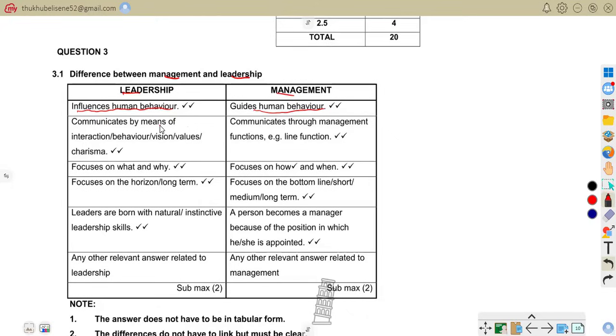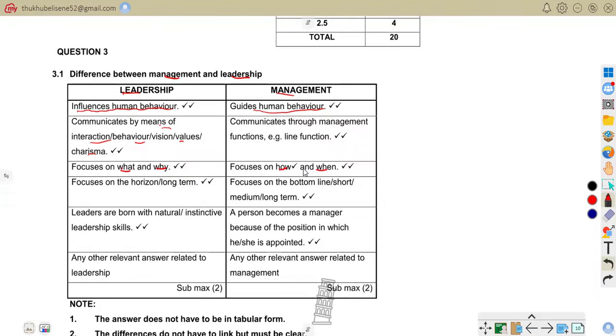Leadership communicates by means of interaction, behavior, vision, values, and charisma. Leadership focuses on what and why, while management focuses on how and when.